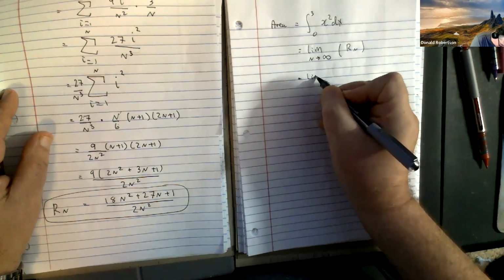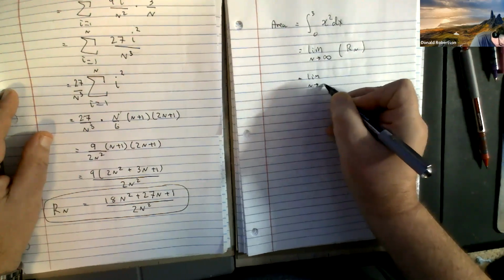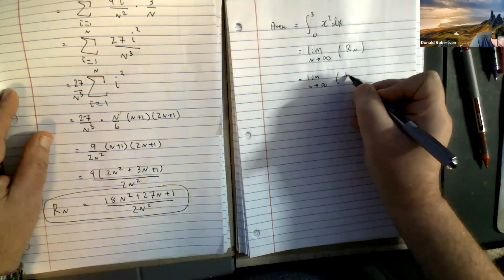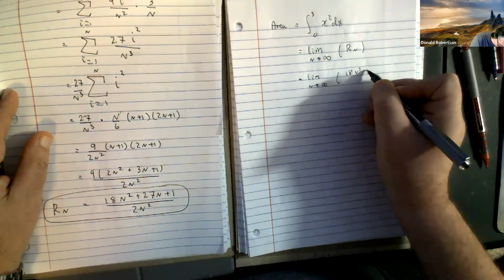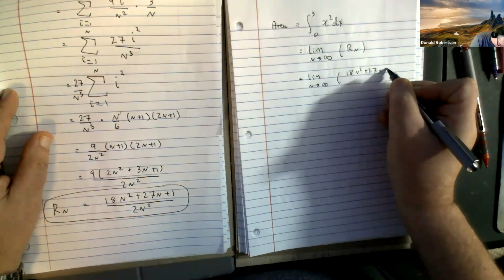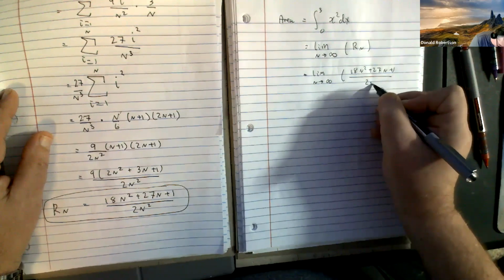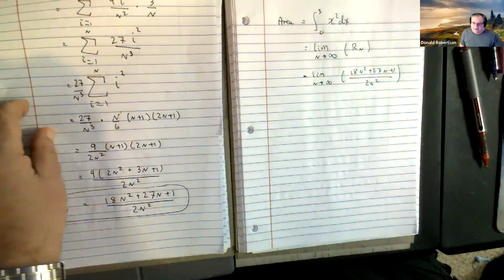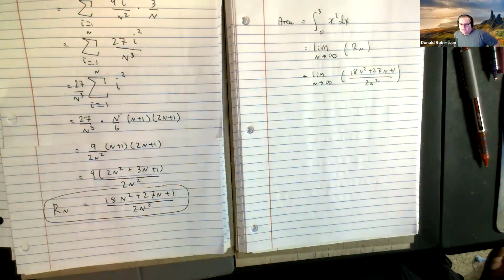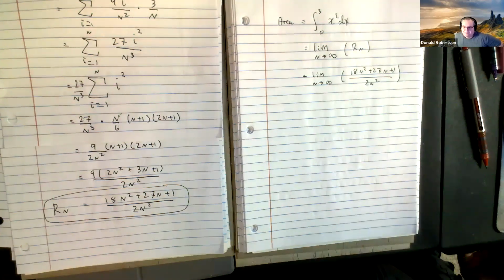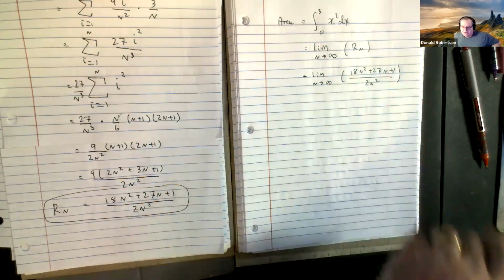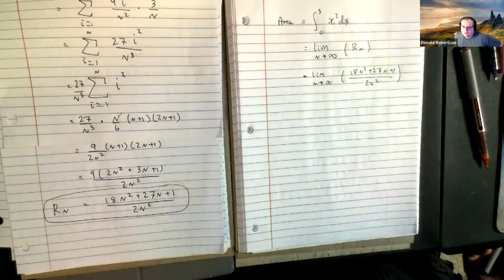So what we now need to do to finish this question is to find out what this Riemann sum is equal to when n goes to infinity. Now you have done limits before in Calc 1. In a limit situation like this, there are 2 methods, both work.